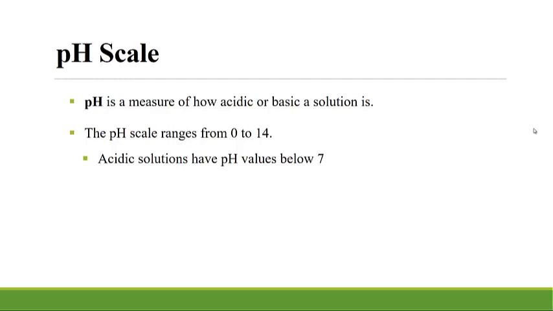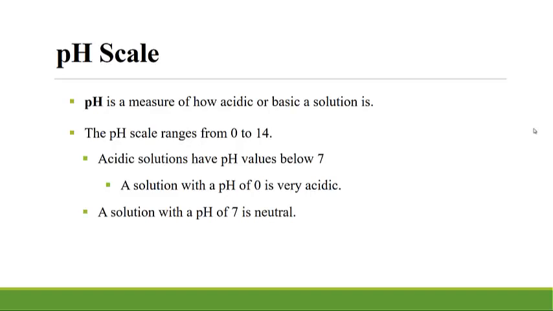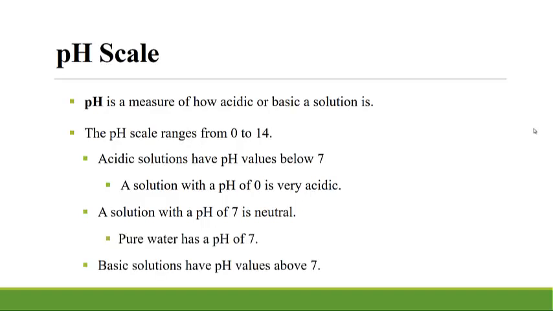Technically we can go below 0, but we generally don't see it. A pH of 0 is very acidic, meaning it has a high amount of hydrogen ions in it. A pH of 7 is considered neutral, with an equal amount of hydrogen ions and hydroxide ions, and anything above 7 is considered to be basic.